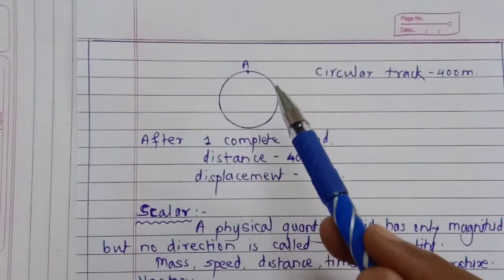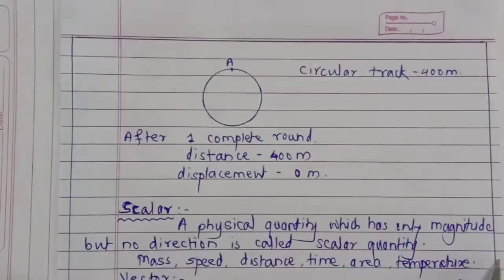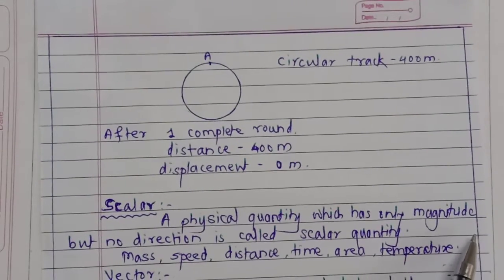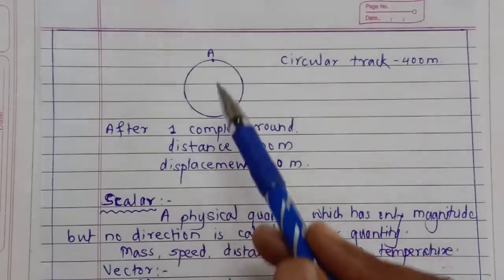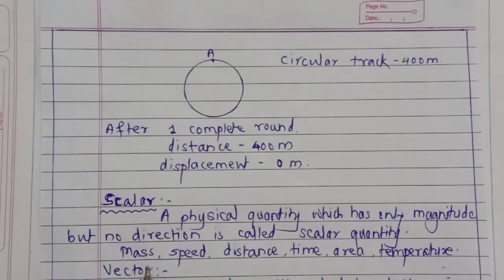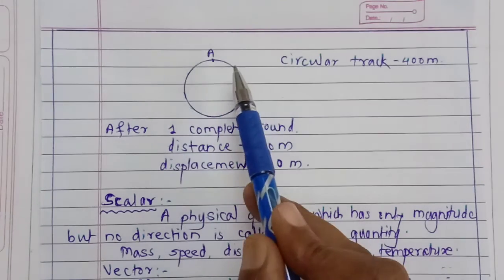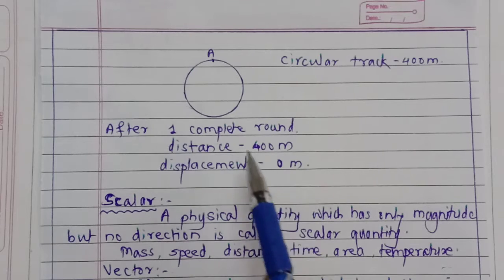Okay, let us see one more example. This is a circular track of length 400 meters. Suppose an athlete starts to run along this track and completes one round. Then the distance covered by that athlete is 400 meters, the length of the actual path traveled.